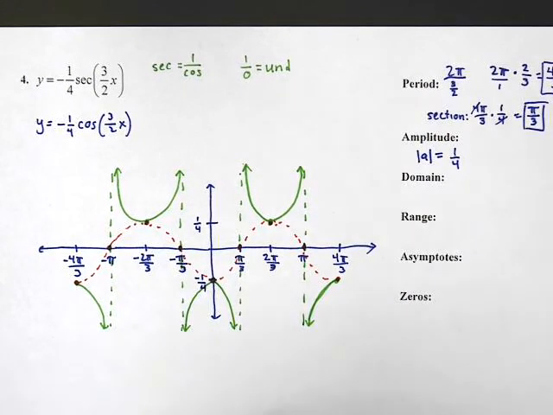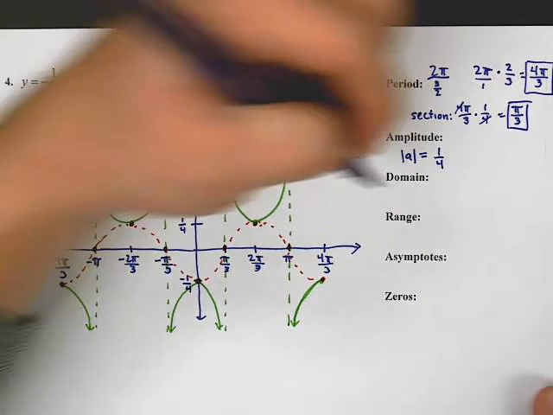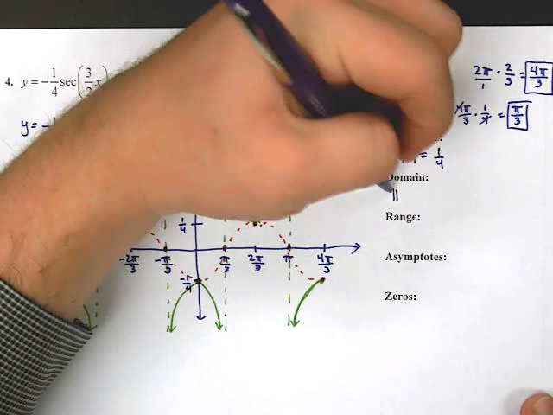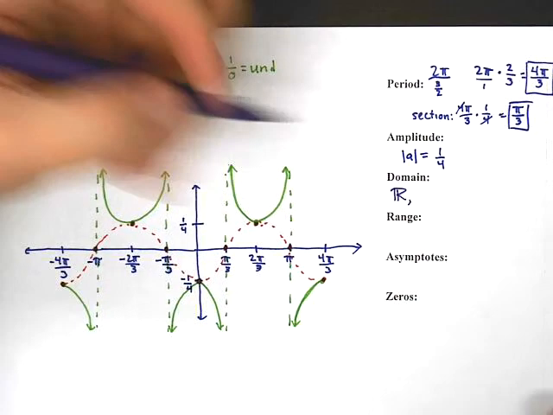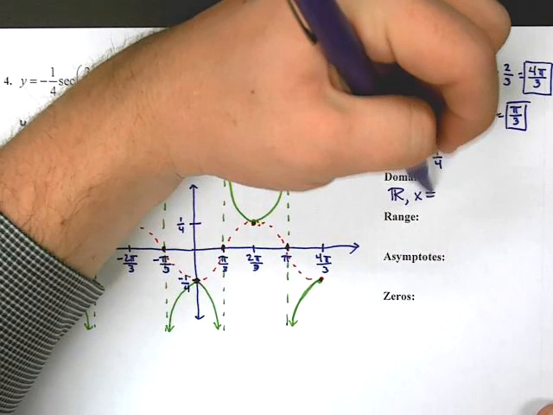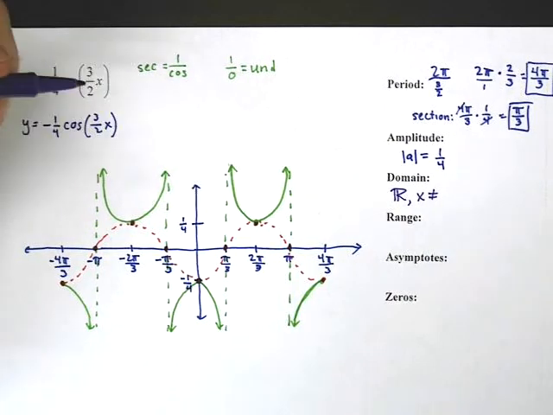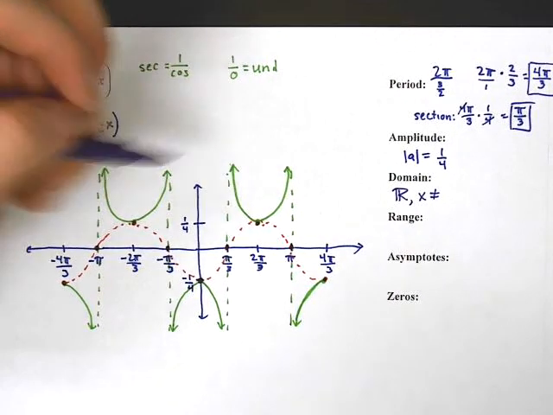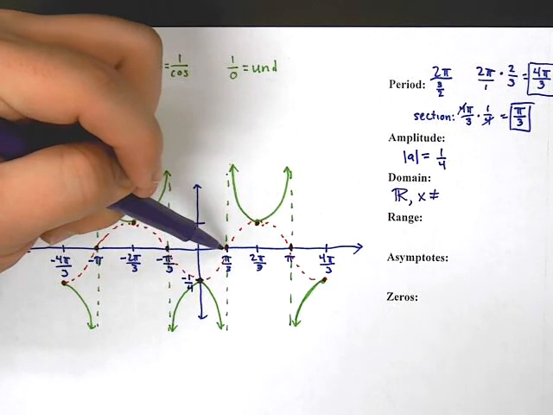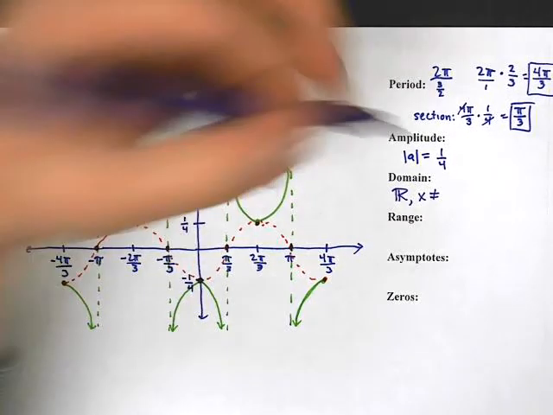Almost done. Let's finish up with domain, range, asymptotes, and then we will call it done. Domain: we're all real numbers, however, there are specific places that x cannot be, and we know they are the vertical asymptotes. The first one I think I sketched was pi over 3. We'll start there.